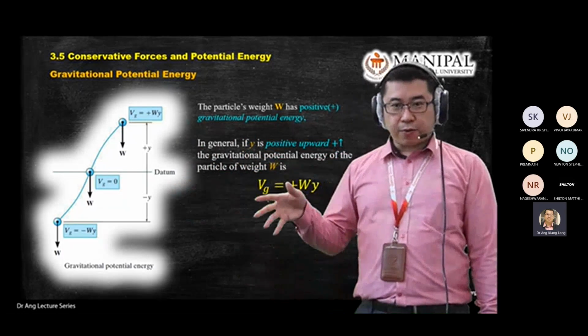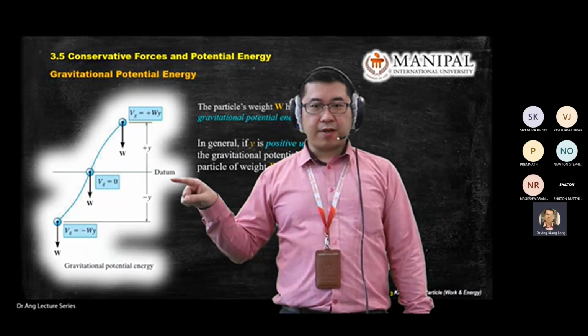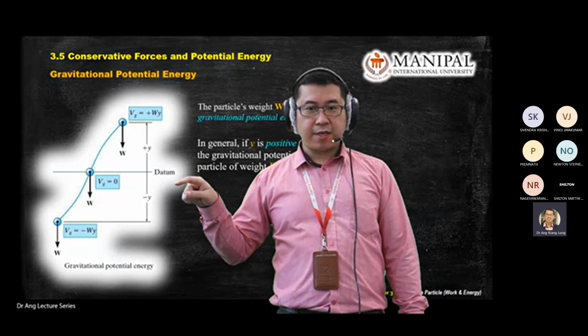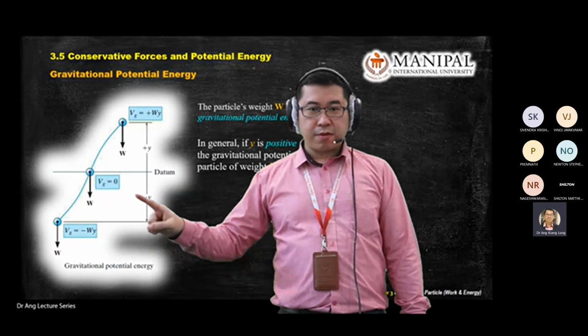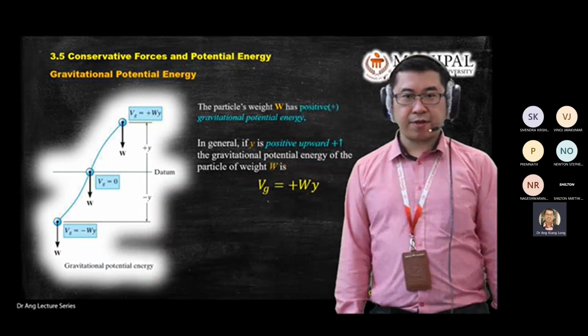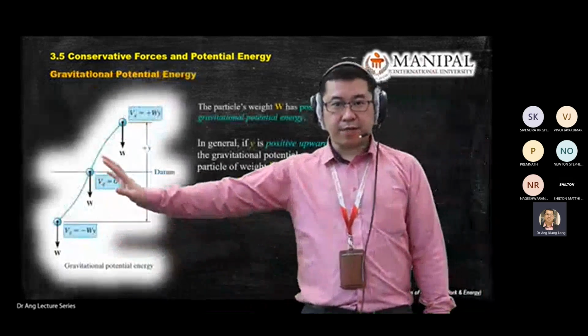However, for this module, we will play around with the datum, right? So you need to be careful about the datum. If the datum is here, but the object is going down from the datum, then you get a negative energy. Just take care of the datum.